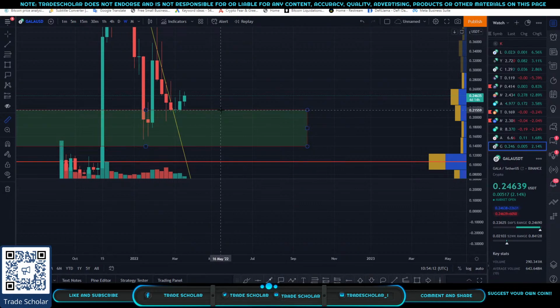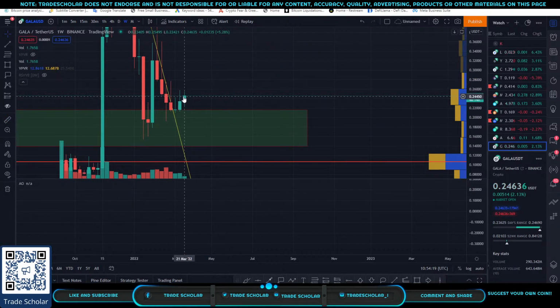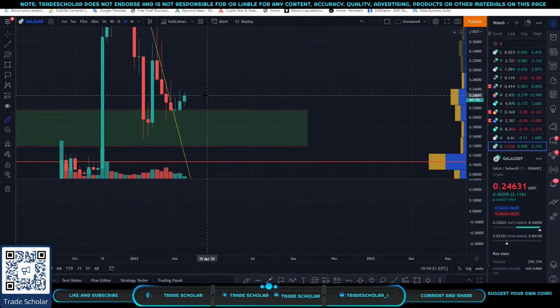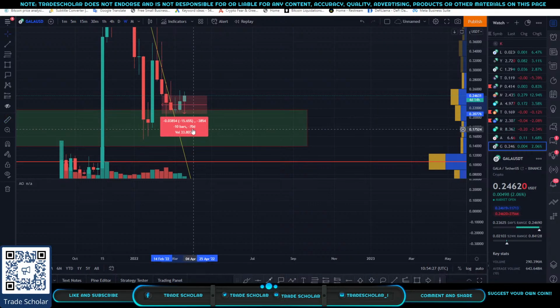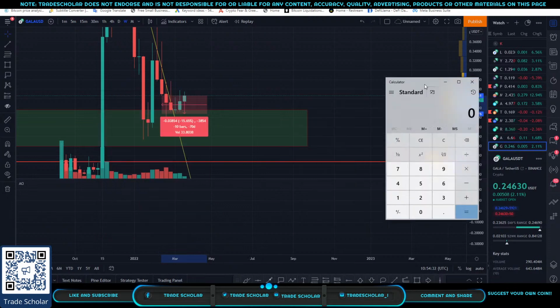You can go back here, entry. Then you can have a stop loss right here. You are already here, you enter this. Stop loss is just below here. Still negative 15%, so you can leverage it.